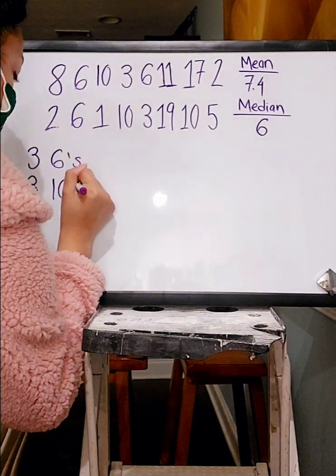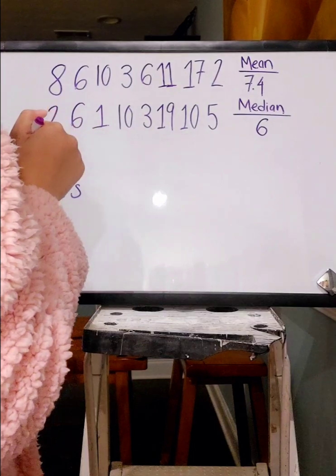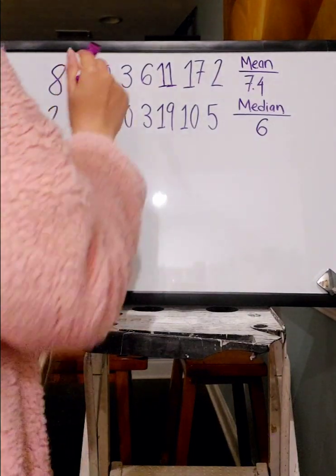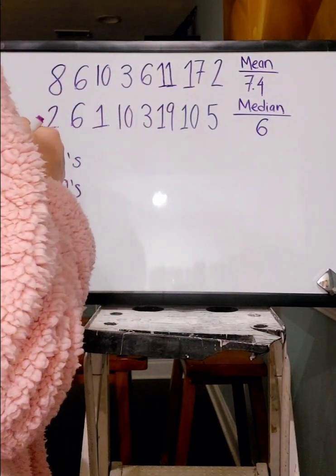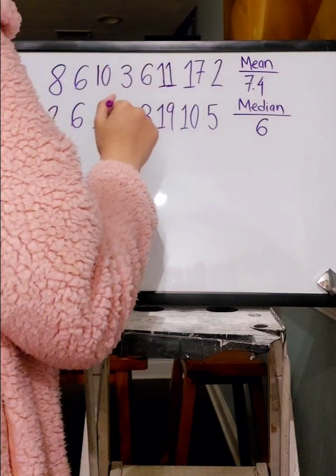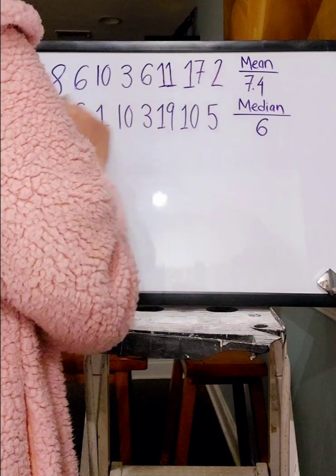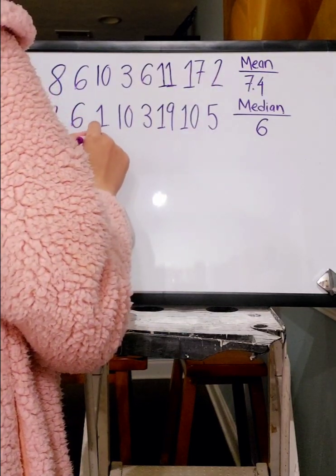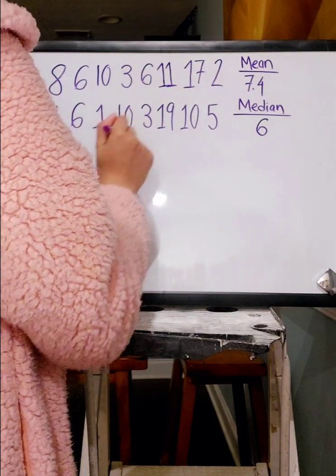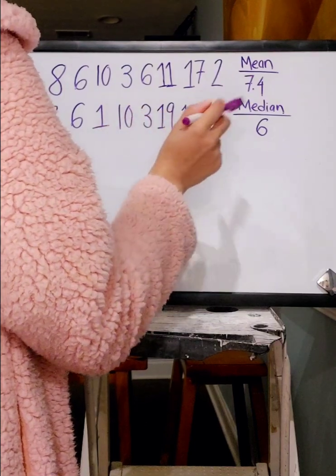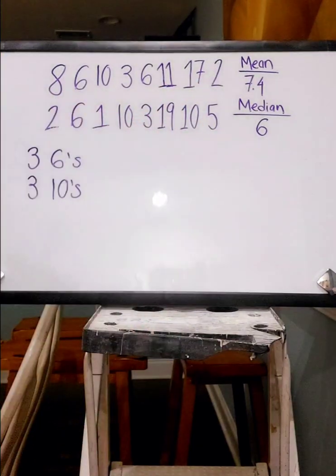Boy, that's a lot. How many 3s have we got? 1, 2, just 2 3s. 11, just 1. 17, just 1, 2. Just 2. 1, 1. 3, 10. 3, 6. Okay, so as we see here, there are 3 6s and 3 10s, and that's completely fine.